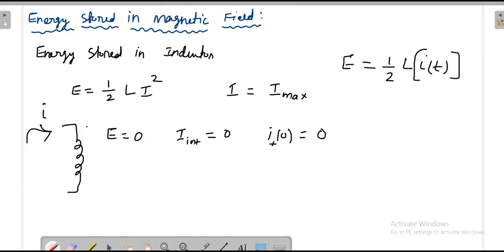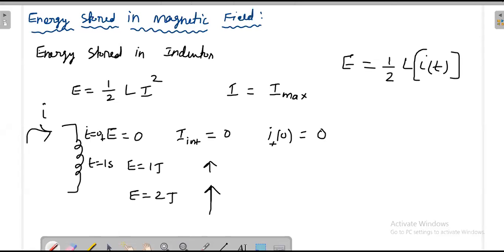As time progresses, just after some time, say after 1 second, there may be some energy, say 1 joule, for example. So definitely there will be some current, and the current would have increased. After a few seconds, the energy also increases because the current has also increased.